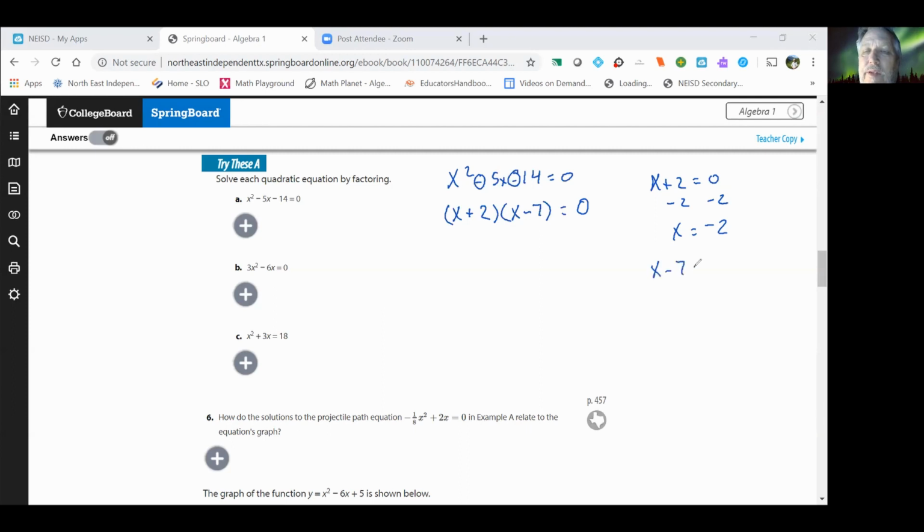X minus 7 equals 0. Add 7 to both sides. X is equal to 7. So again, if I plug in a 7 for x, then this one's going to be a 0. And 0 times whatever that is going to be 0. So the answers on here is x is -2 and x is equal to 7.